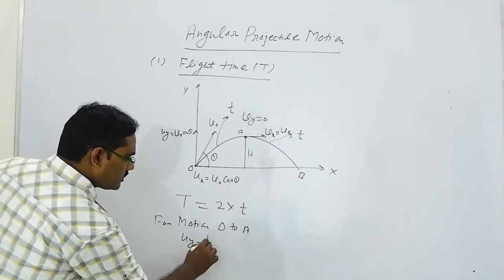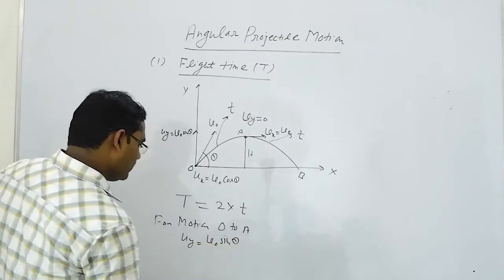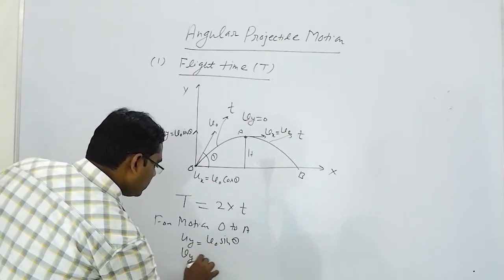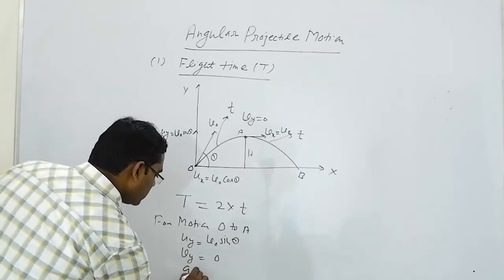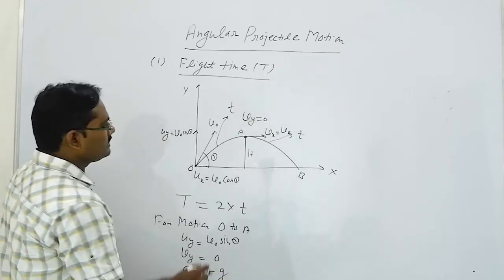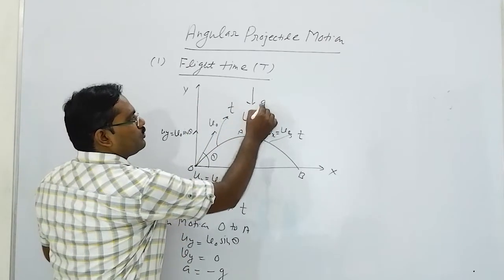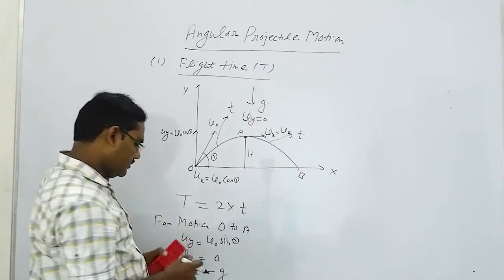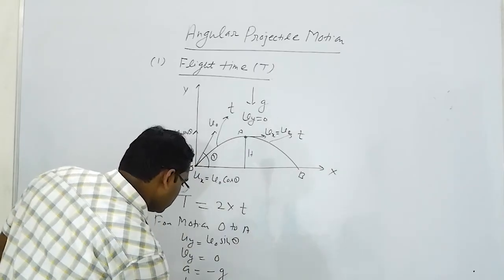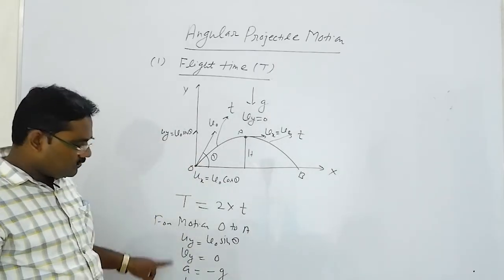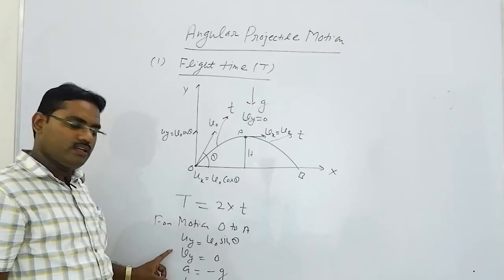Initial vertical velocity is v naught sin theta, final vertical velocity is 0, and acceleration is minus g because the body goes upward and acceleration due to gravity is downward. Now the time is t.